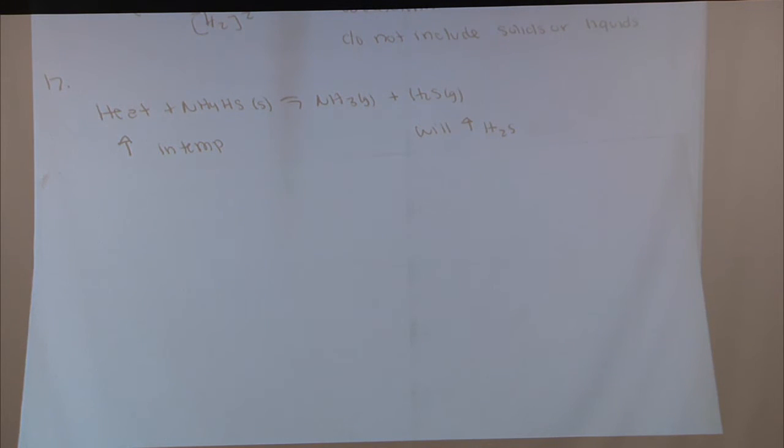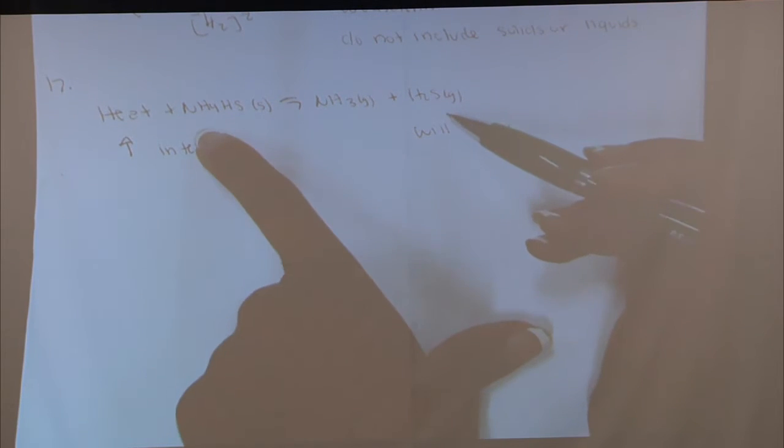Why it's not A? So it says a decrease in the volume of the reaction vessel at constant temperature. So if we're going to decrease the volume, it's going to be becoming smaller, and you want to go to the side with less moles of gas. Well, this has 2 moles of gas, and this one only has solid.